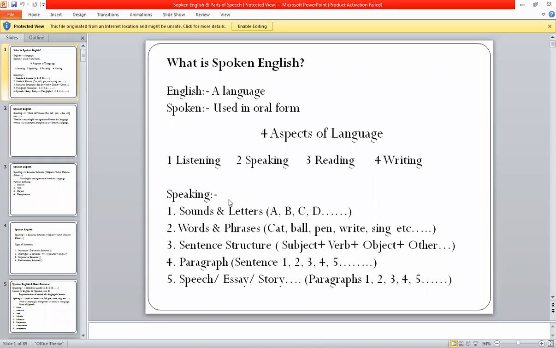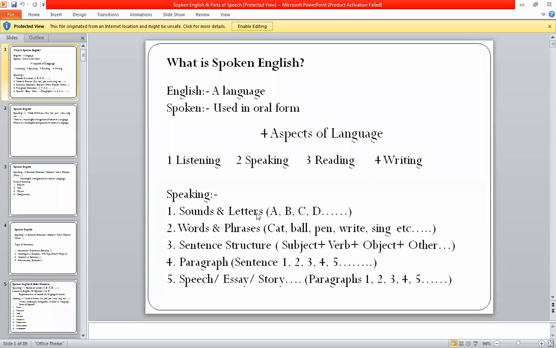So speaking, why it is important? It is important for cracking the interviews. Okay, or passing the interviews of any post or job also.